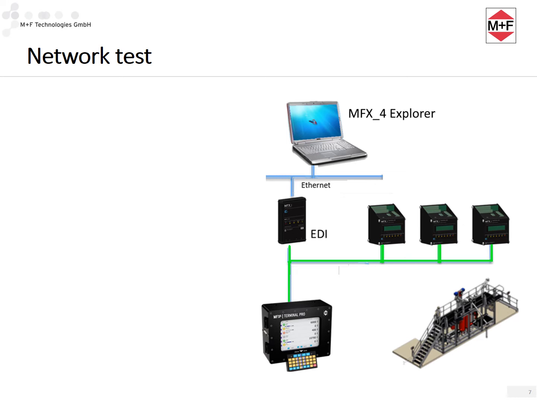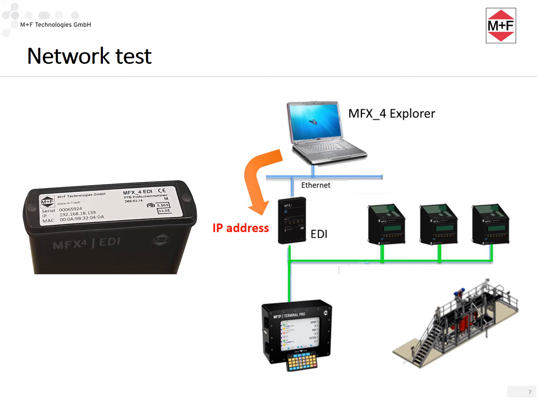Now I want to establish a connection from MFX4 Explorer to a MFX4 device system on the plant. For this I need the IP address of the MFX4 EDI with which the connection should be established. This IP address is located on a sticker on the EDI's housing. If the sticker is not present or no longer readable, then it is possible to switch the MFX4 EDI to a default IP address.